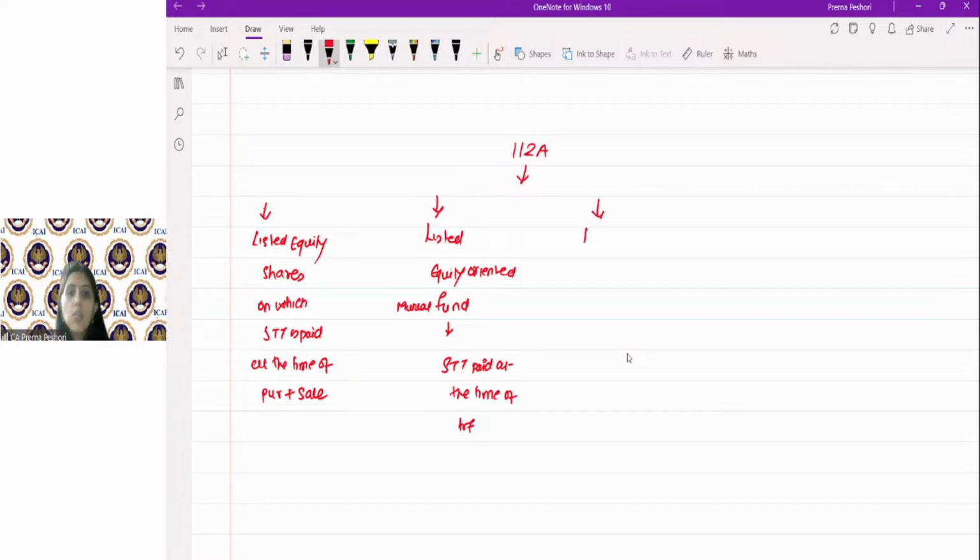Third is units of business trust, where the STT is paid at the time of transfer.